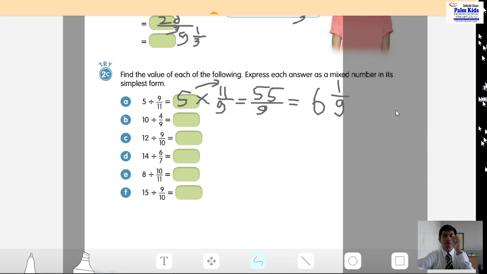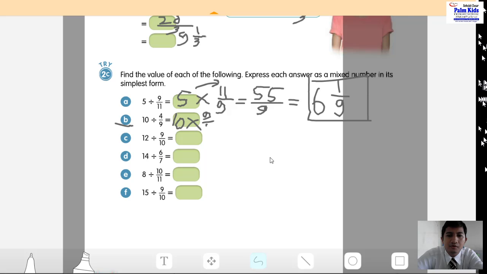Don't be lazy to use scrap paper to find this mixed fraction, because sometimes it's quite hard to just use your head. Okay, B, 10 divided by 4 per 9, or we can write 10 multiplied by 9 per 4.